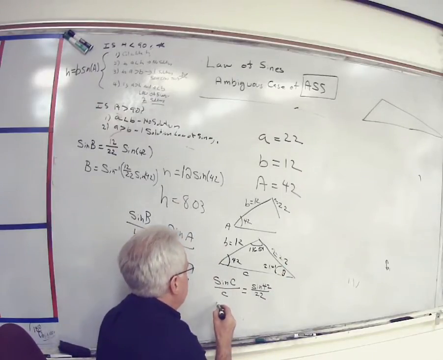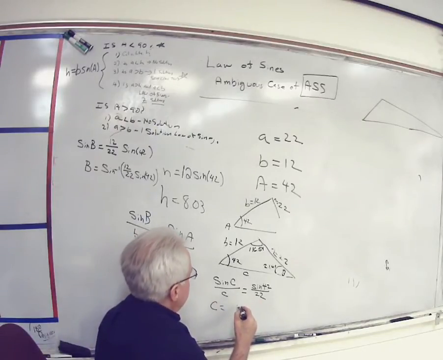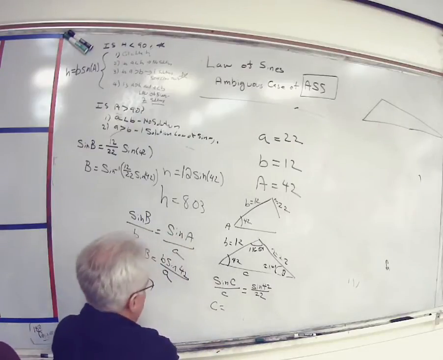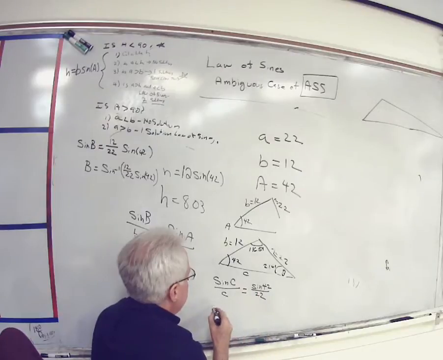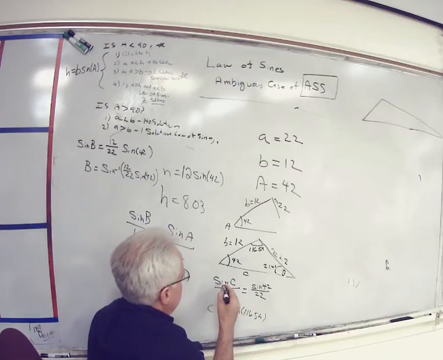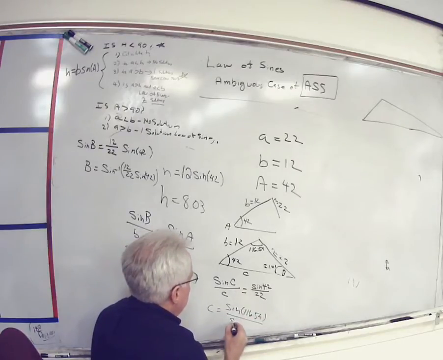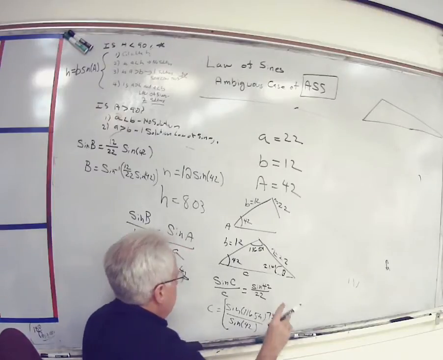So c is equal to, I'm going to move the other c over, so you have sine of C, which is 116.59, divided by sine of 42, and then this whole thing times 22. Would you agree?